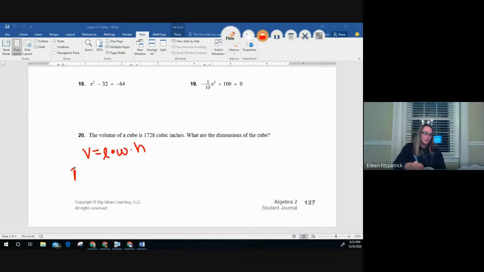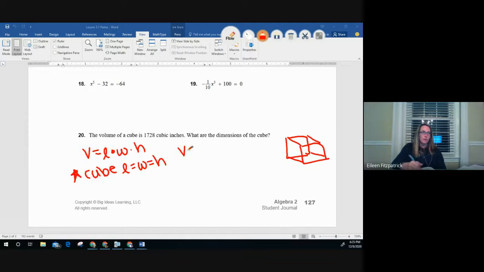But remember, for a cube, like I was just saying, the length is equal to the width, which is equal to the height, right? If you were to draw a cube, this is not going to be the best cube, but when it's a cube, the length, the width, and the height are all the same, right?